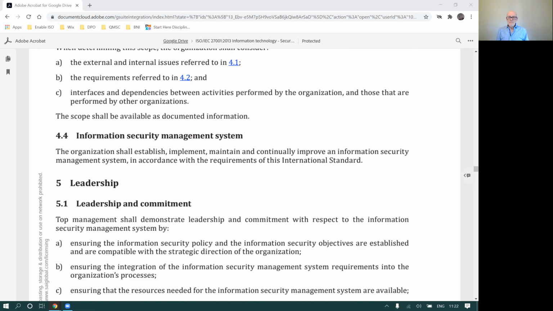Also, there may be ways that information is stored which are not part of any operational process, but there might be a storage system or a filing system in place. And all of these processes need to be included within the scope of the management system.